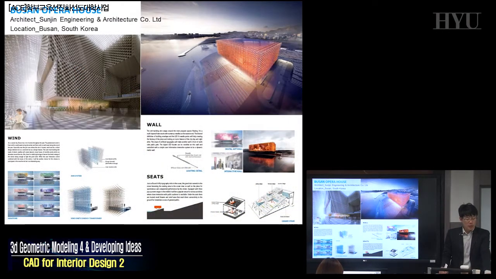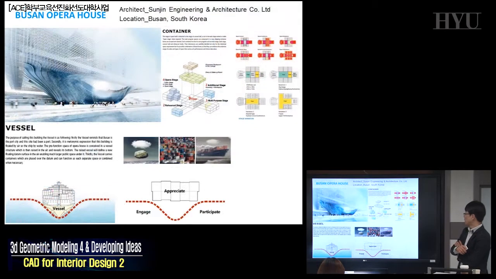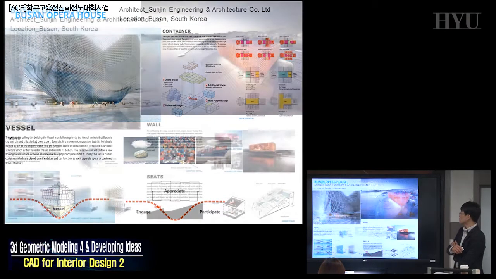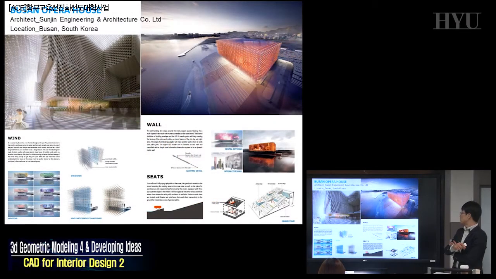Next one is Busan Opera House. The major aspect I would like to introduce from this example is how they represent their major concepts. Their concept keywords are here: wind, wall, seats, and some bezel. The first important aspect of this building geometry is that it's very simplified, a very simple box-shaped building.